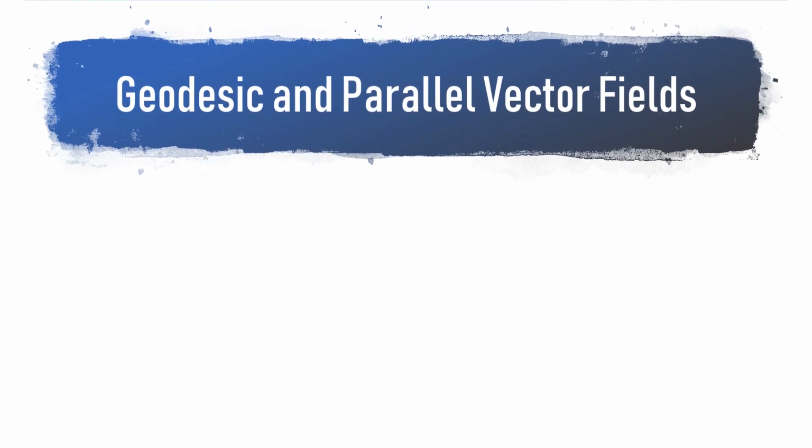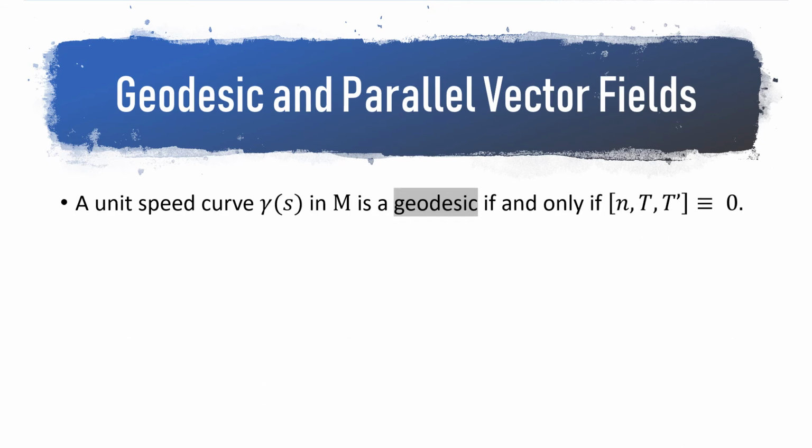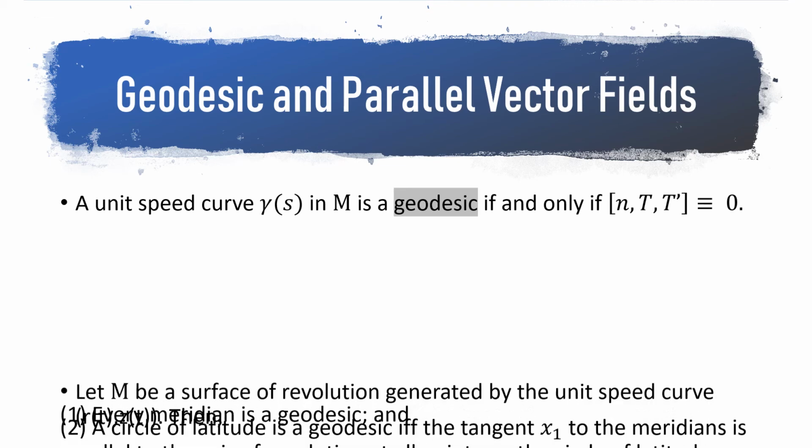In this slide, we're going to talk about geodesics and parallel vector fields, and here's the definition. A unit speed curve gamma(s) in M is a geodesic if and only if the triple product of n, t, and t prime is equal to 0. Triple product means you do one dot product and one cross product, and order does not matter.